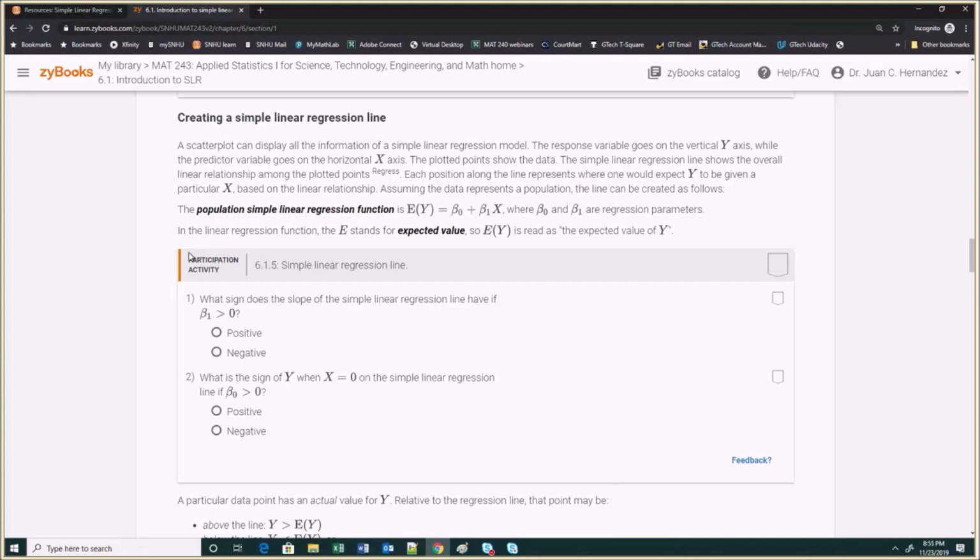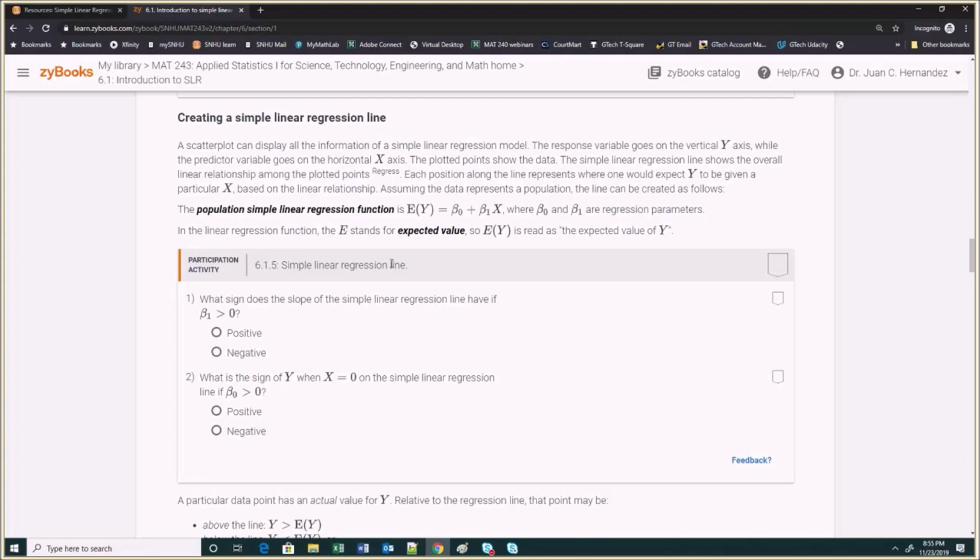B sub 1 is the slope of the straight line, how steep going up or going down that line represents. So that will be the equivalent in simple terms of the y rise over the x difference. So it establishes the relationship between how much the y increases as a function of x.